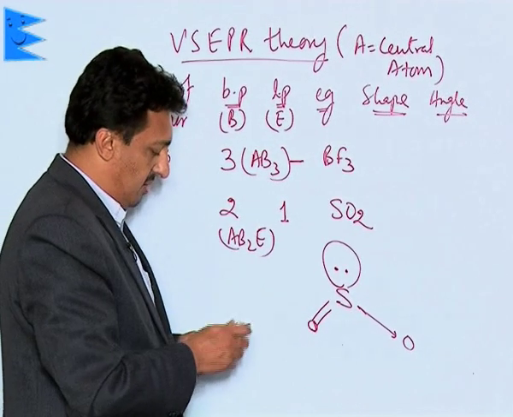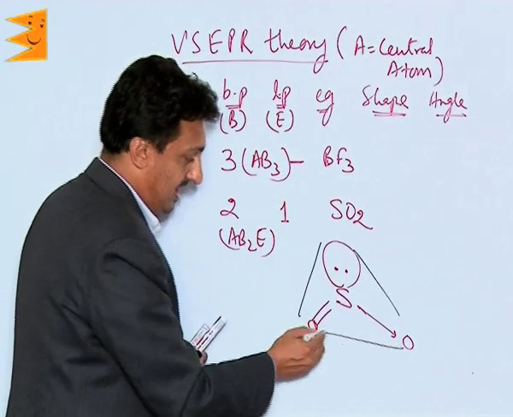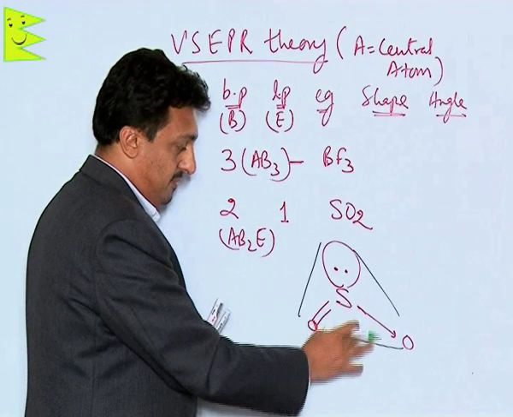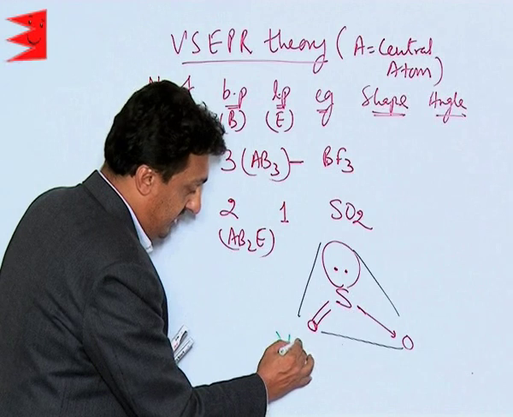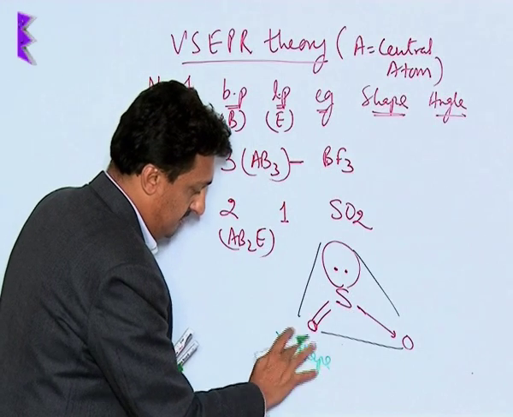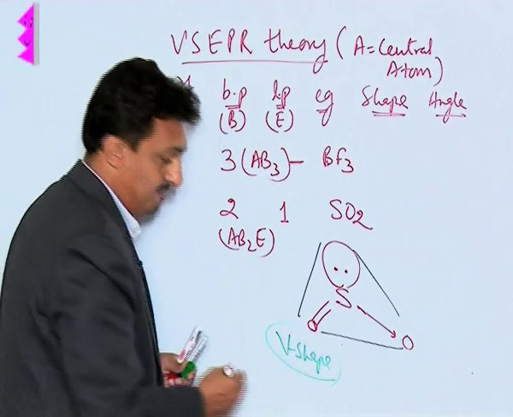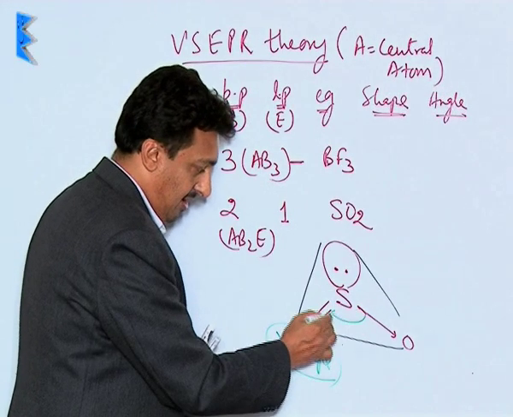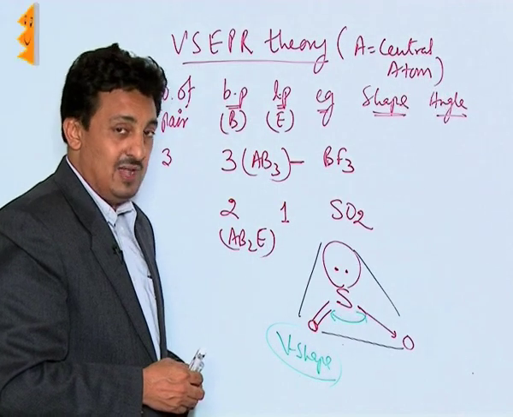So in this case, though the geometry remains trigonal planar, the shape is not trigonal planar. We call it V shape.